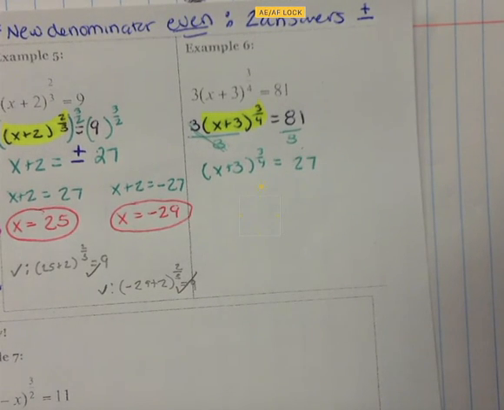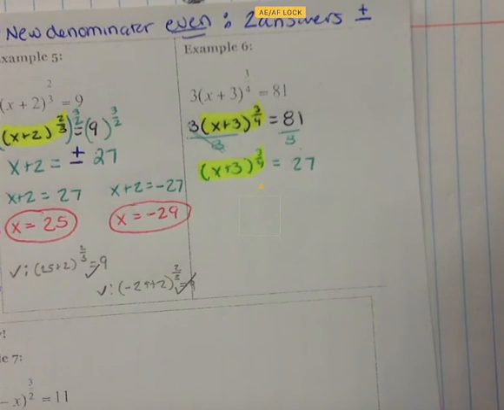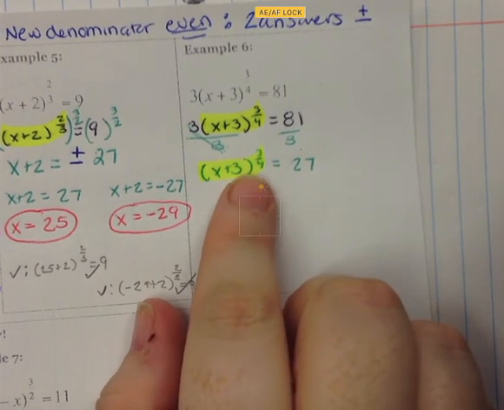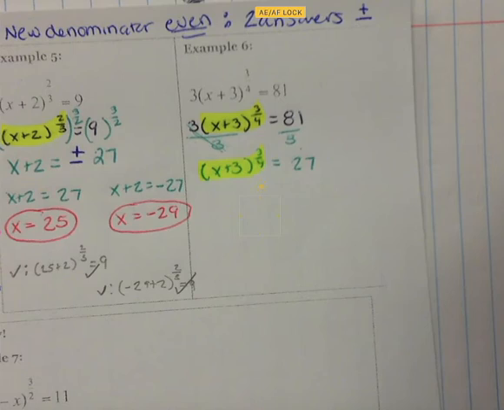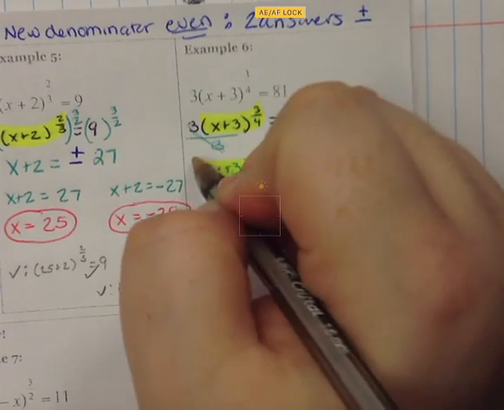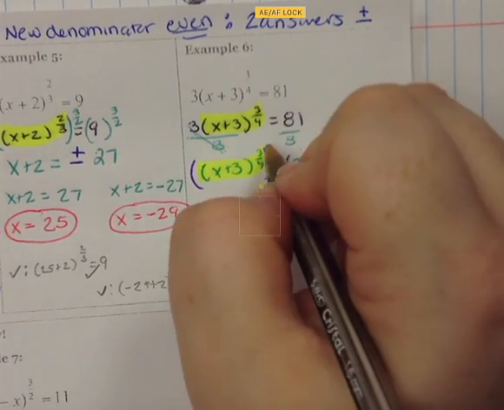So again, I'm going to highlight my exponent and the parentheses set. There's nothing attached to it now, so now I can raise it to the reciprocal because it's a fraction. So raise both sides to the reciprocal. 3/4, the reciprocal of that is 4 over 3.